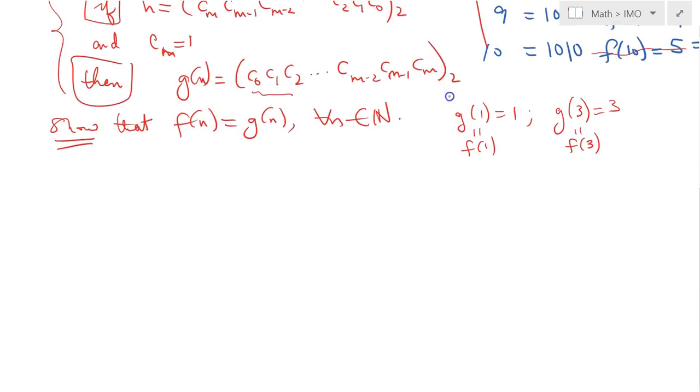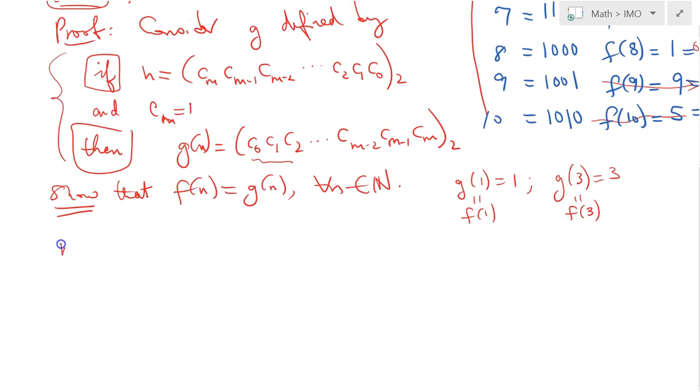So for this, consider an arbitrary positive integer n, which can be written as C_m, like we did earlier, C_{m-1}, ..., C_1, C_0 in binary, with leading coefficient C_m equal to 1.